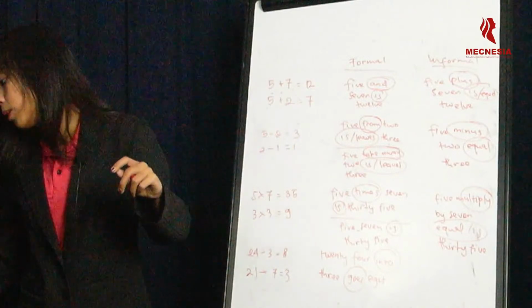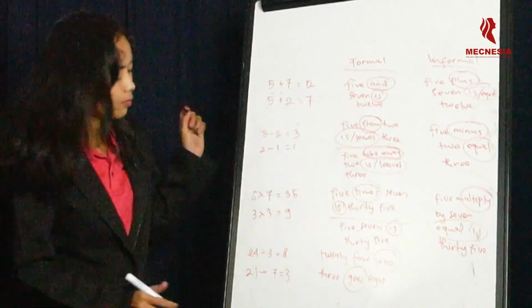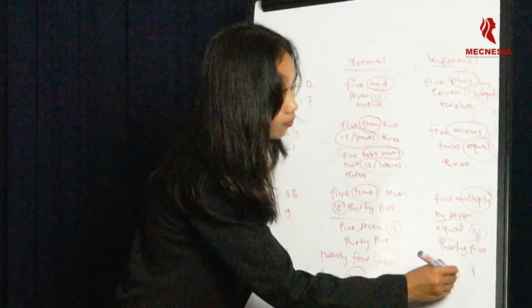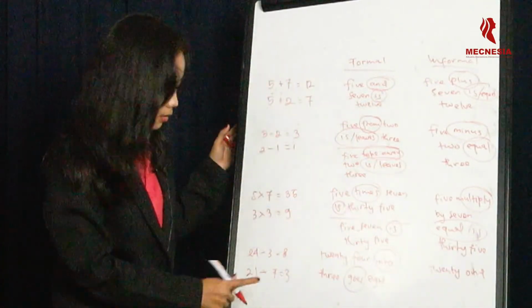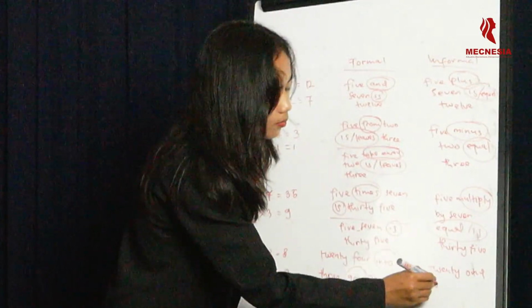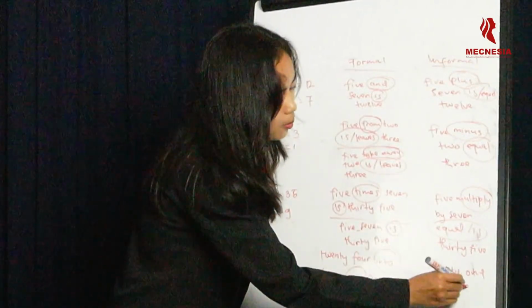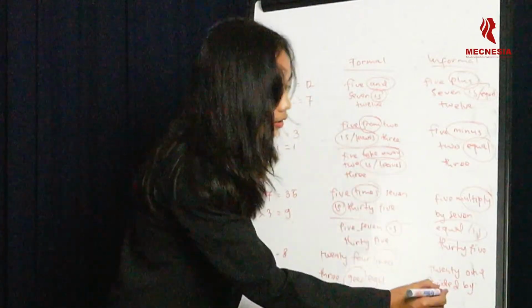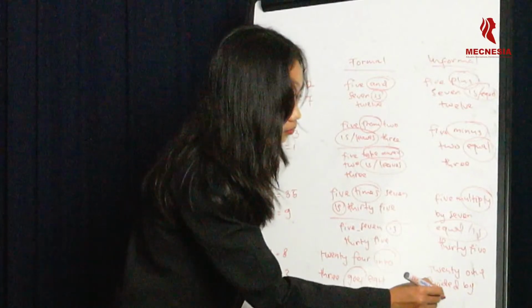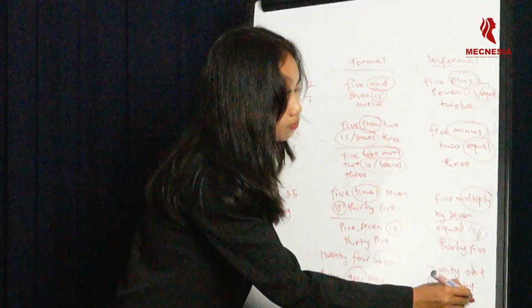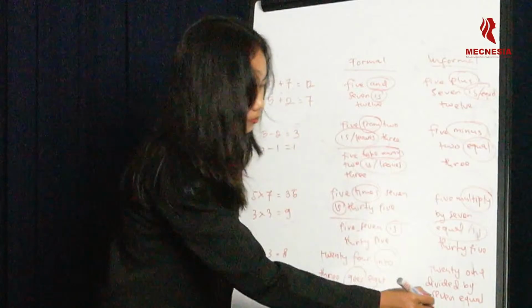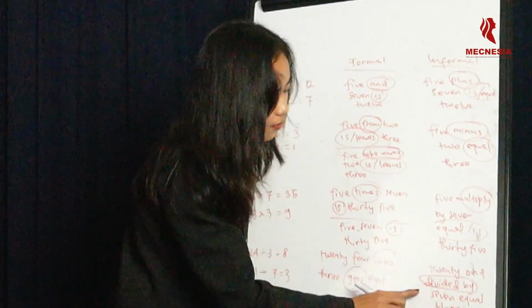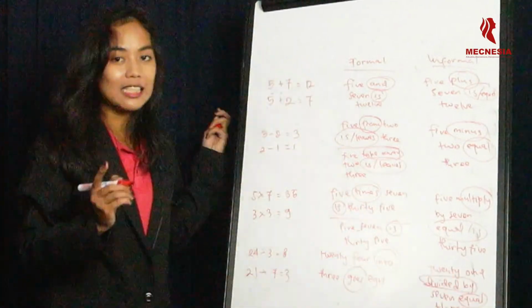Next, the informal one, you can say 21 divided by 7, 21 divided by 7 equals 3. Okay, we use divided by and equal, bisa juga is.